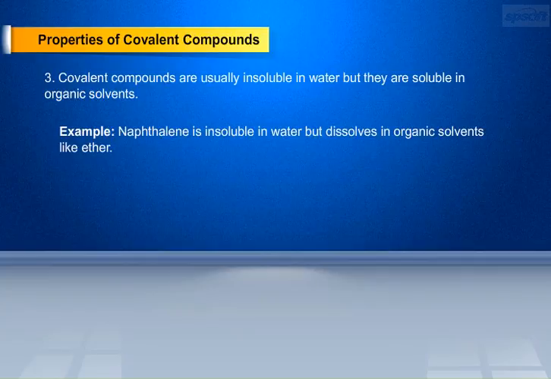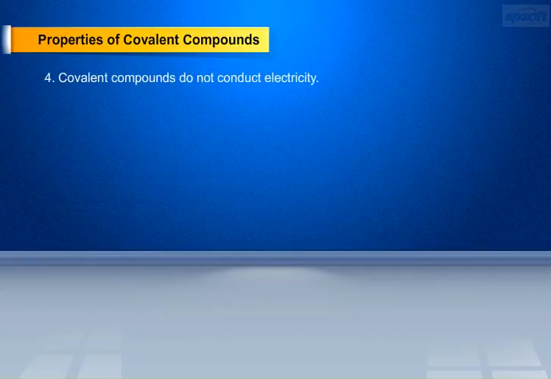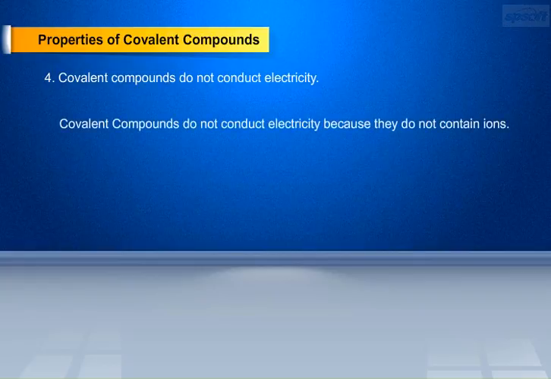For example, naphthalene is insoluble in water, but dissolves in organic solvents like ether. However, some covalent compounds like glucose, sugar, and urea are soluble in water. Now let us see how covalent compounds do not conduct electricity. Covalent compounds do not conduct electricity because they do not contain ions.